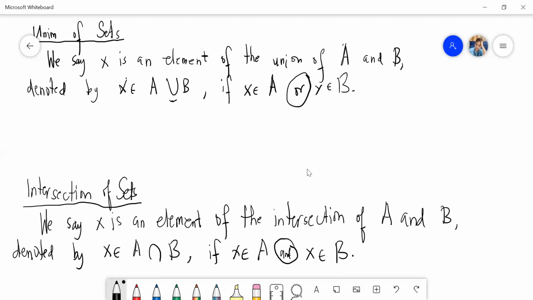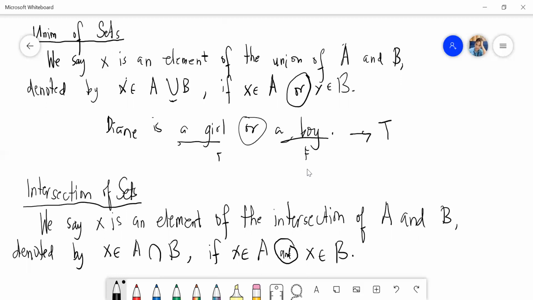For example, if we say Diane is a girl or a boy, when we say it's a girl, this is true, this is false, but the entire statement is actually true because you're using the word or. As long as there's a true statement present, the entire statement is true.